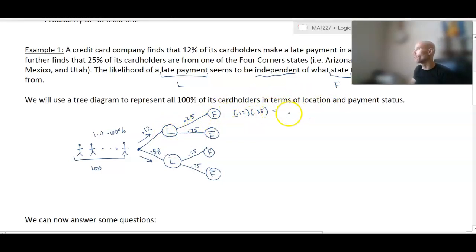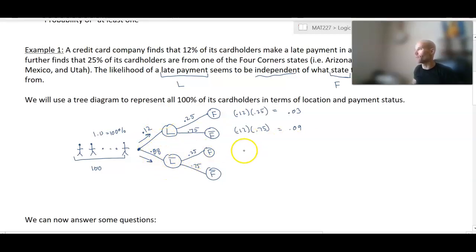So that's going to come out to 3%, which notice we could still interpret that as 3 out of 100 people. Of the late payers, 75% of them, or 0.09, will end up not being from the Four Corner states. So out of the 100 people, 9 people. Notice that they still add up to 0.12, the total proportion of people that moved up in the first place. And that makes sense because, again, we're assuming no weird things happening, no alien abductions, nothing like that.